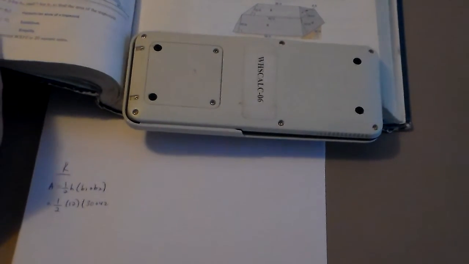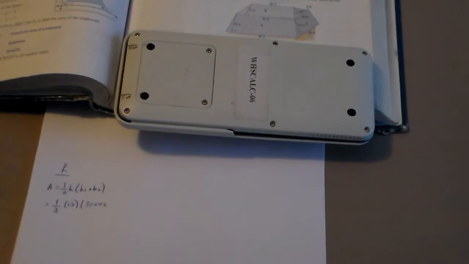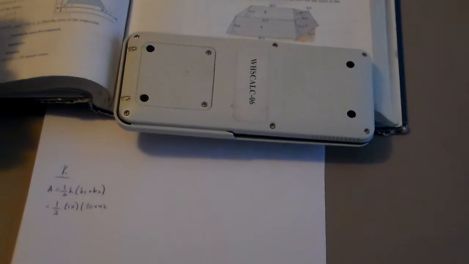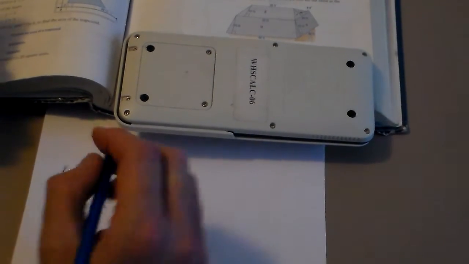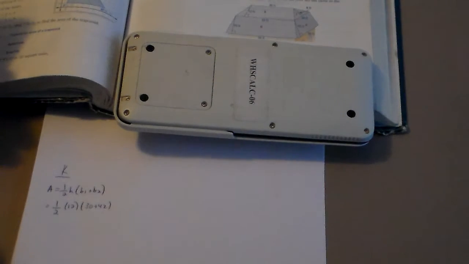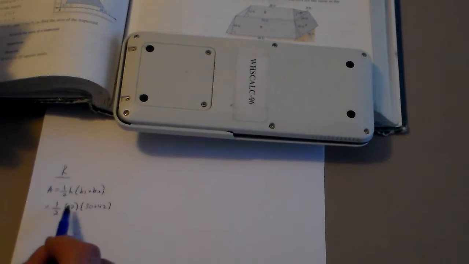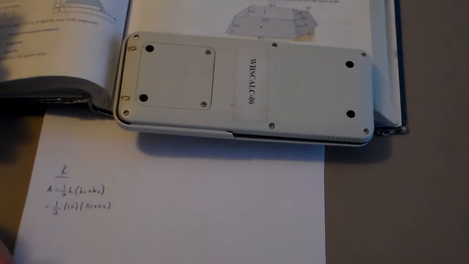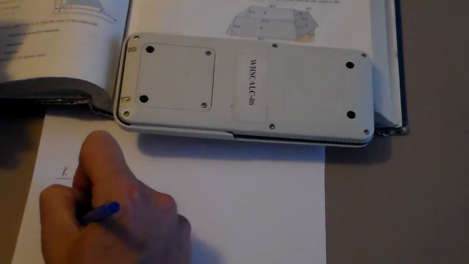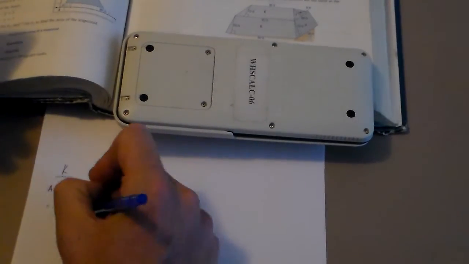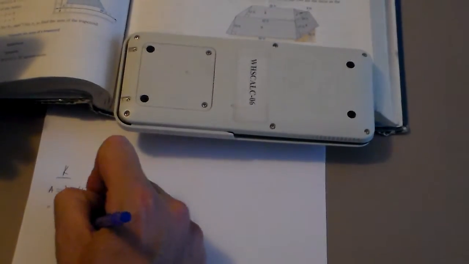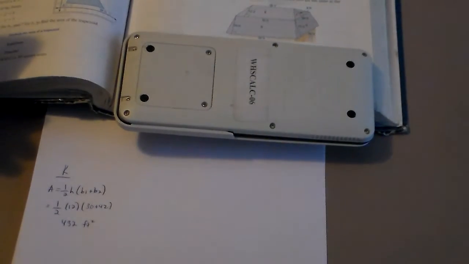Well, we got to do 30 plus 42 first, right? And that gives me 72. And then I got to multiply that times 1/2 of 12, which is 6. So times 6. So it looks like I get 432 for K. And that's going to be, they say feet, so it's going to be in square feet.